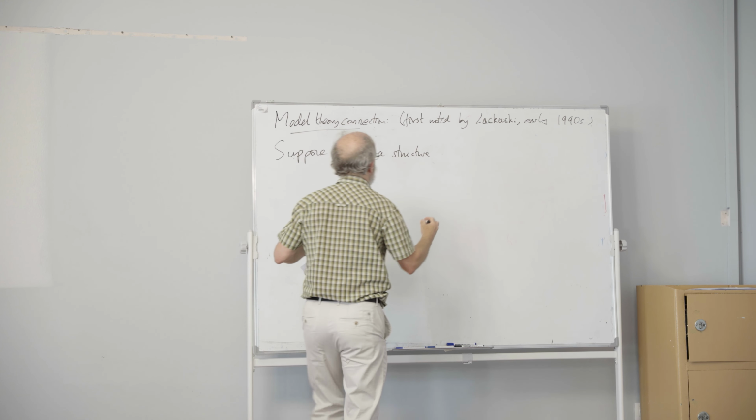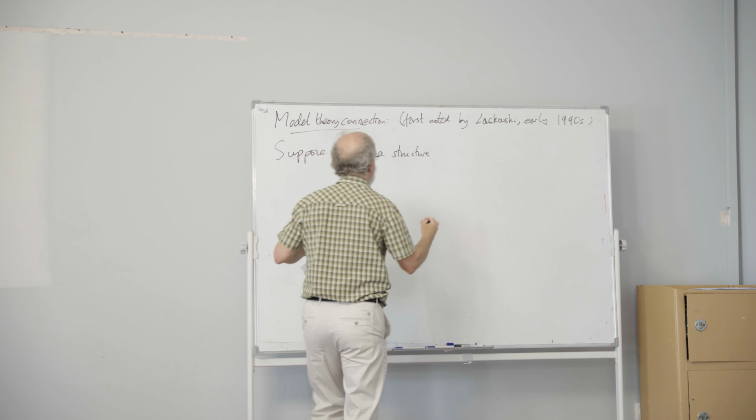Okay, so let X be M to the m, and F sub phi will be the set system in X determined by phi.